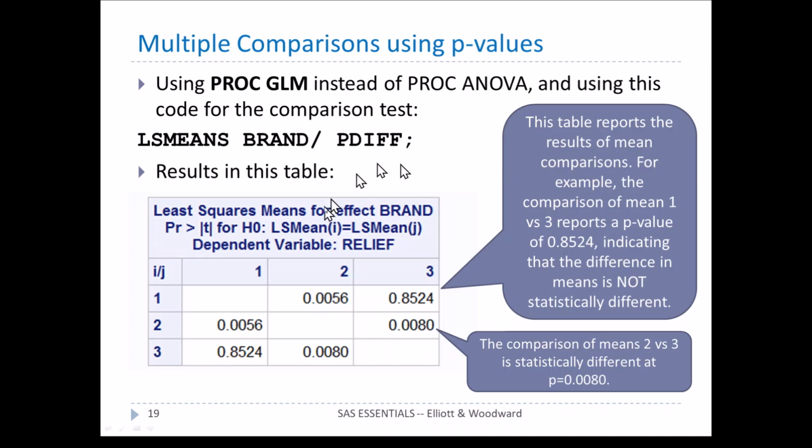If you look at 1 versus 3, you get this 8.524, indicating the difference in means is not significantly different. This is a p-value that's being reported here. However, the difference between means 2 and 3, 0.0080, is statistically different. So again, we're just using different ways of comparing two means at a time.